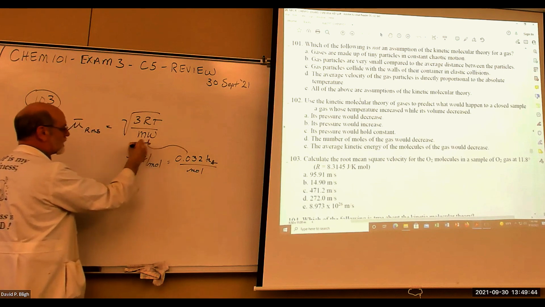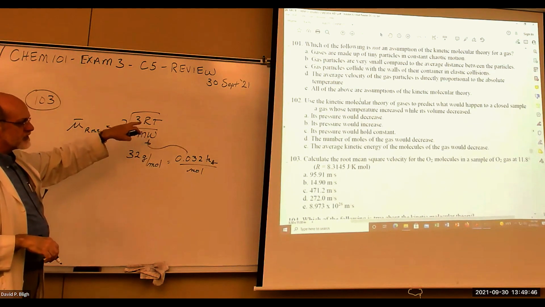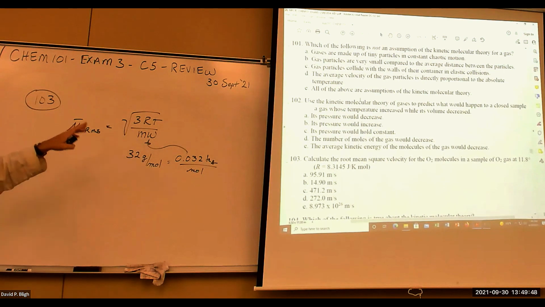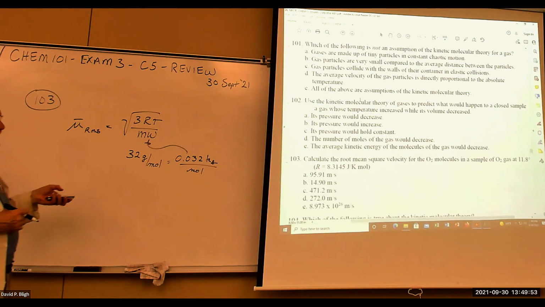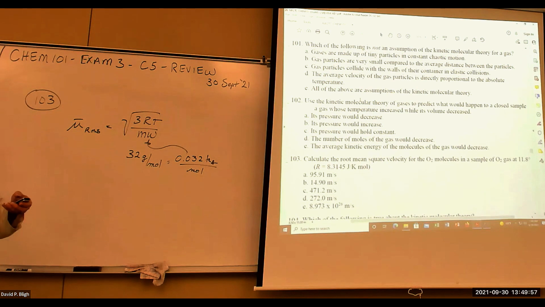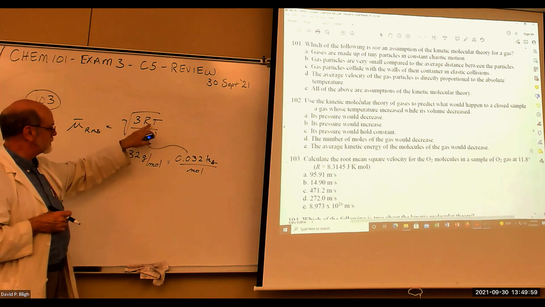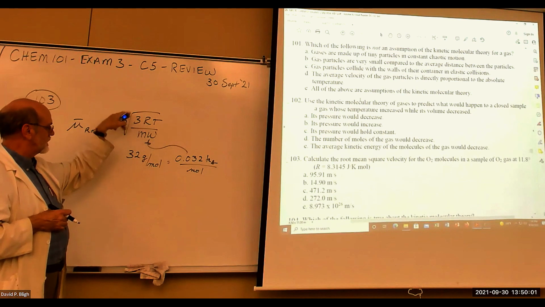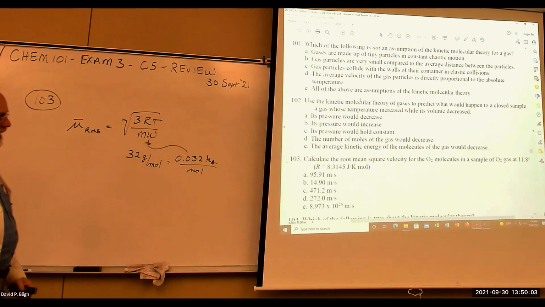Now that one goes right here. And this R is 8.3145. And the temperature has to be in Kelvin, so 11.8 plus 273. Right? For these two, right above that one times 3, square root, and you got your answer, which for 103 is C.